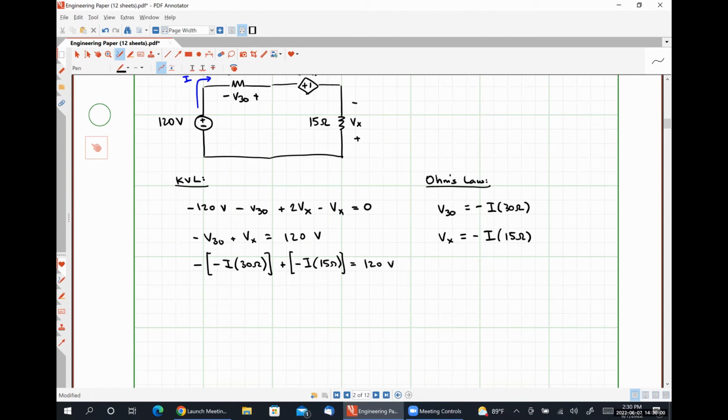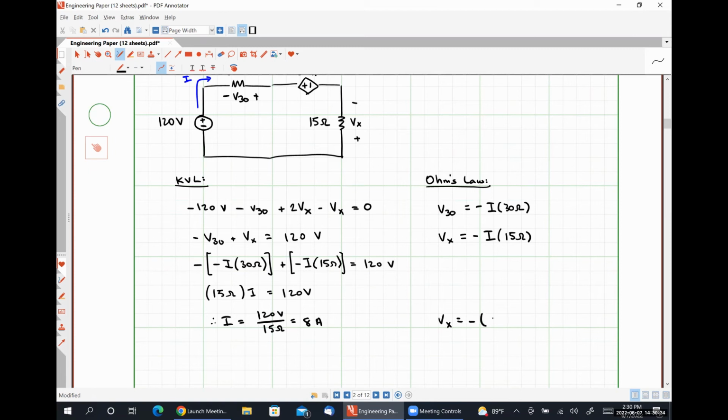So we have 30 ohms times I minus 15 ohms times I, leaving us with positive 15 ohms times I is equal to 120 volts. And from this, I is equal to 120 volts over 15 ohms. That's 8 amperes.